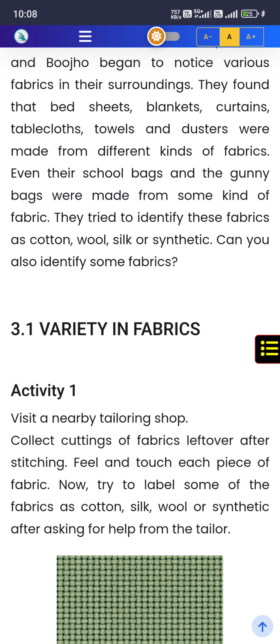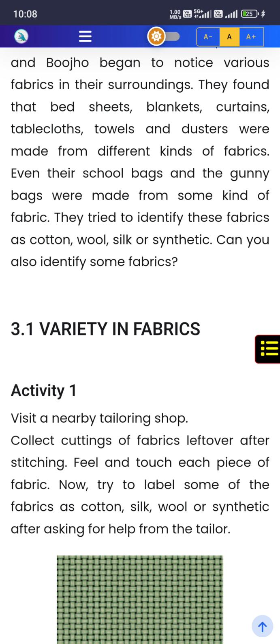So basically, what they are saying is that there are different kinds of things that we use that are made of cloth, and all cloths are made from different kinds of fabrics. You can identify different kinds of fabrics, and you can also figure out which fabric can be used in which situation, which season.